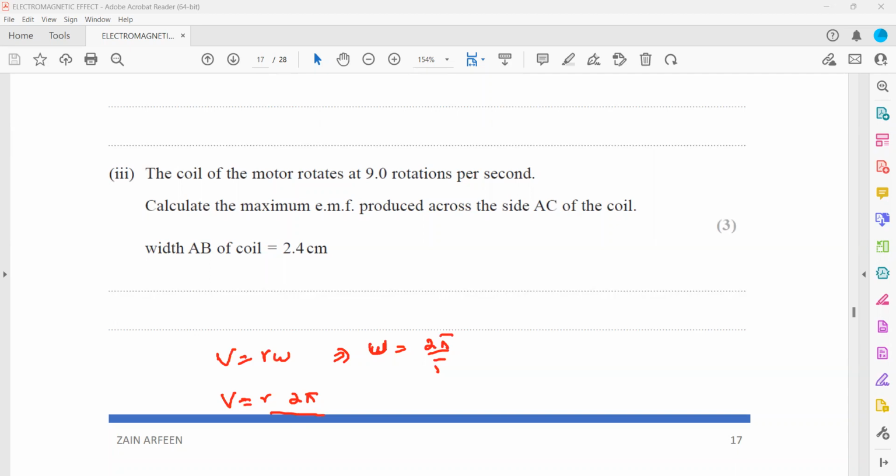T is the time period. And how can we work out the time period? Look, 9 revolutions or 9 rotations in 1 second. So the time to complete one rotation, the time period, will be 1 over 9.